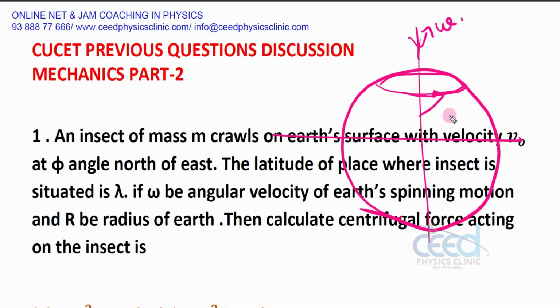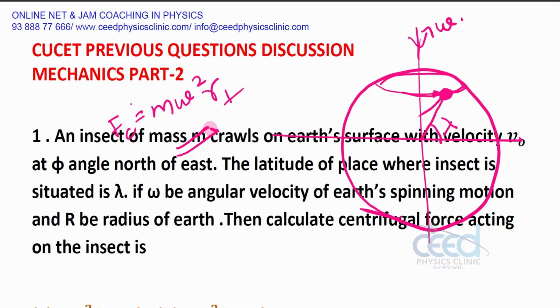At a latitude, lambda is the latitude of the insect. Once lambda is the latitude, you know what the perpendicular distance is. This centrifugal force is m omega square r perpendicular, right?